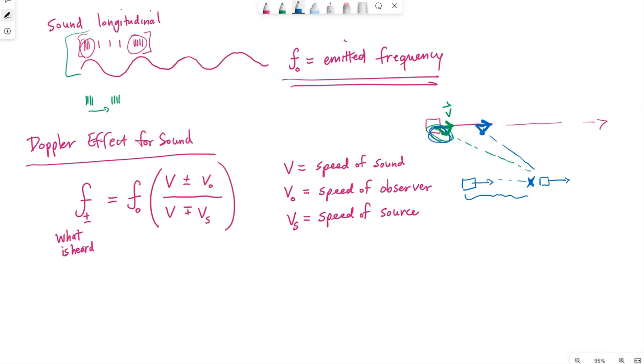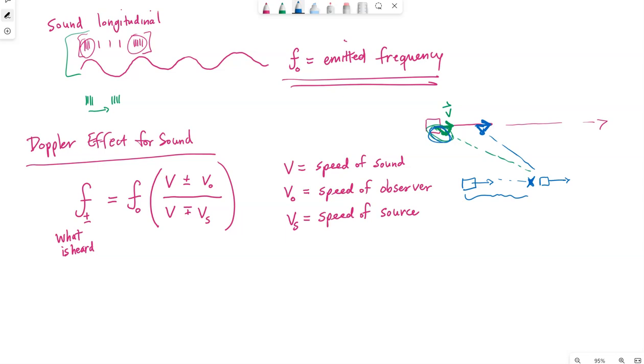It is totally possible one of those is 0, which is fine. If that's the case, the equation simplifies to one of the other two equations that are in the test notes. But you can use those in the first place if only the source or observer are moving. I like this equation because it fits every single problem, and I can put in 0 just fine if that happens to be the special case of my problem.